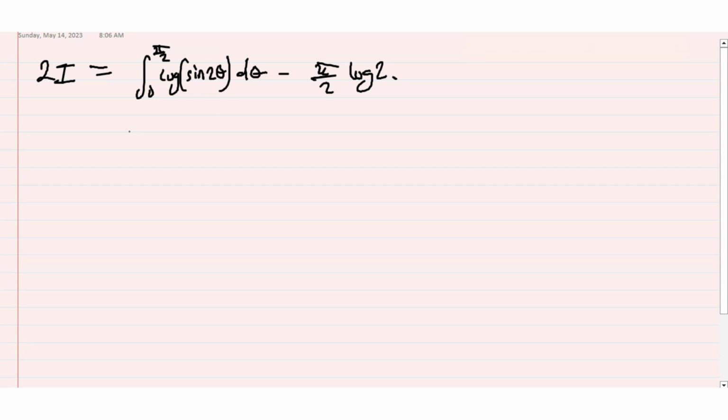Well, simply we let t be 2 theta. Now what happens when theta is 0? When theta is 0, t is 0. What about when theta is pi over 2? That means t is equal to pi. So when theta is 0, t is equal to 0, and when theta is pi over 2, t is equal to pi.